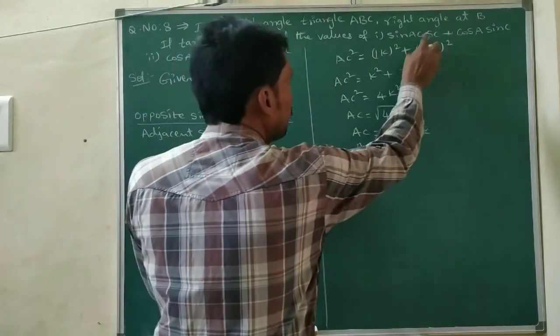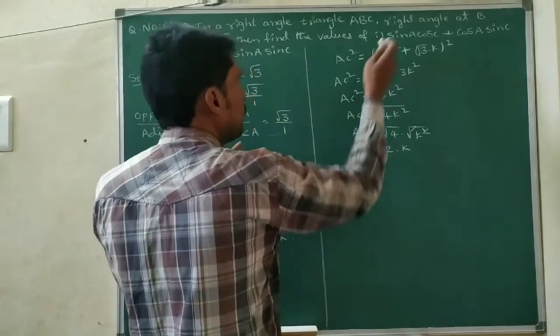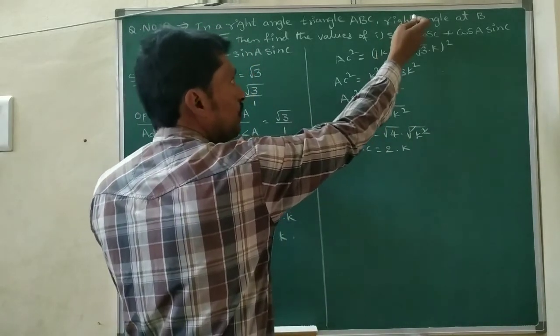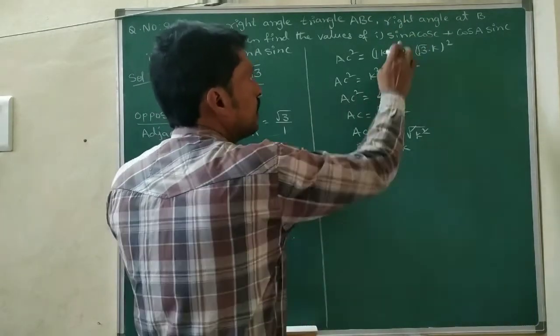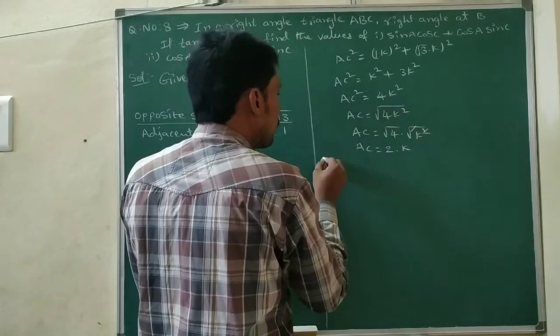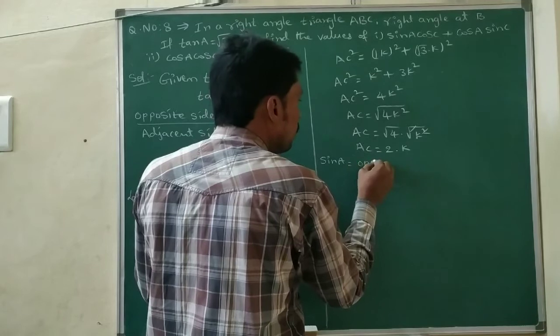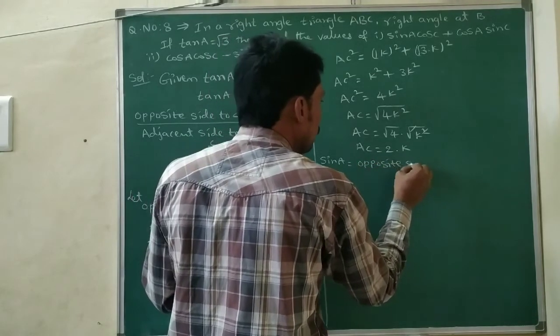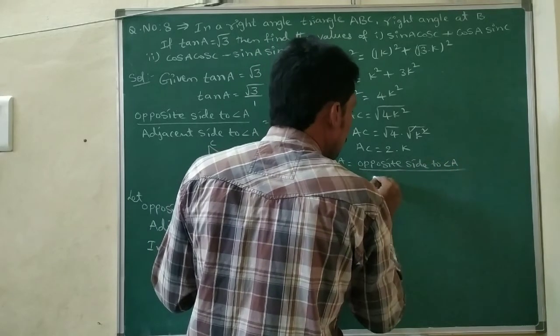Now we need to find sin A, sin C, cos A, cos C. Directly we are applying the ratios in this form and getting the answers. So sin A, what is sin? Opposite side to angle A by hypotenuse.